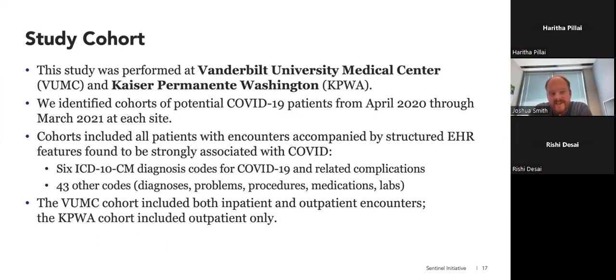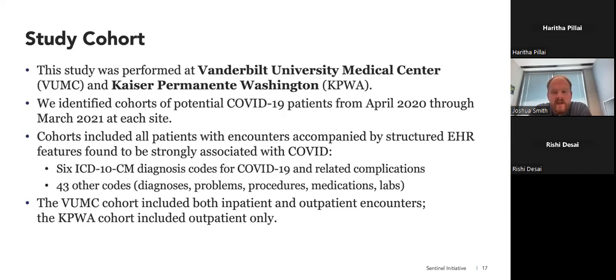This included 6 ICD codes that were directly related to COVID-19. I think there were 2 for COVID-19, and there were some others for like COVID pneumonia or other complications of COVID-19. And then we also used 43 other codes, diagnosis codes, problem list entries, procedures, medications, labs, that were found to be strongly associated and occurring with COVID-19 diagnosis.